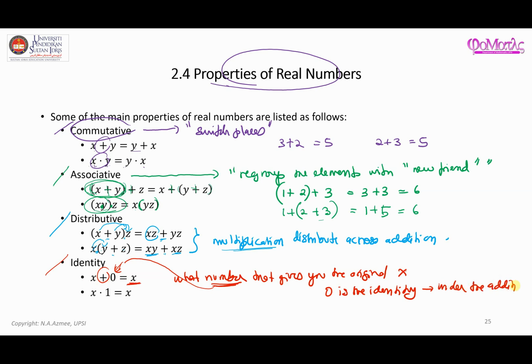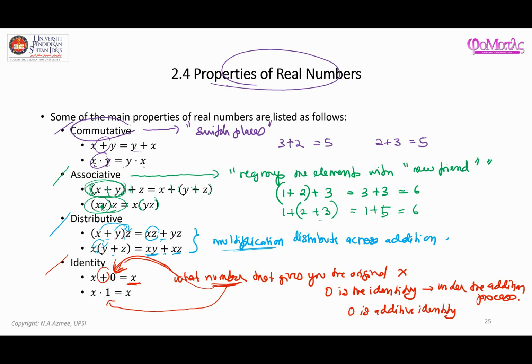And sometimes we can give a better name: we can call 0 the additive identity. So under the process of addition, 0 is the number that when you add it to x, you will get back x. Now, for multiplication, the number that gives you the original x is going to be 1.